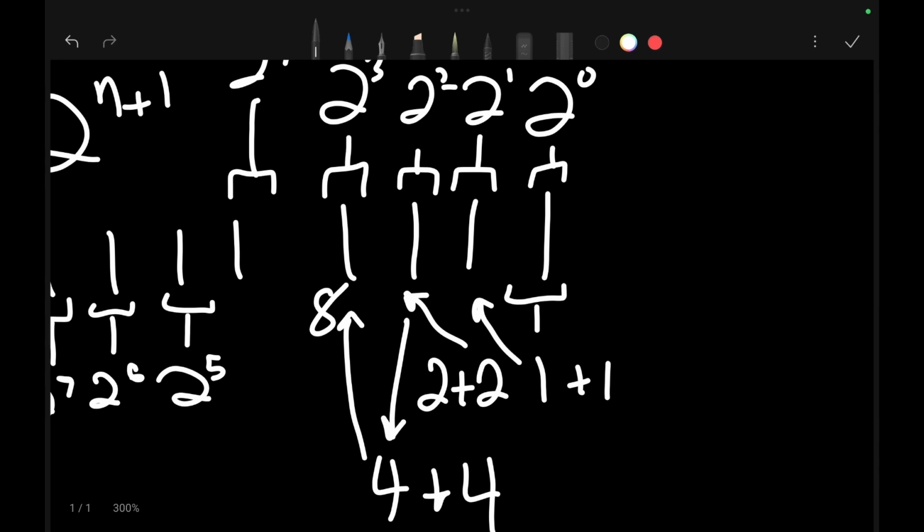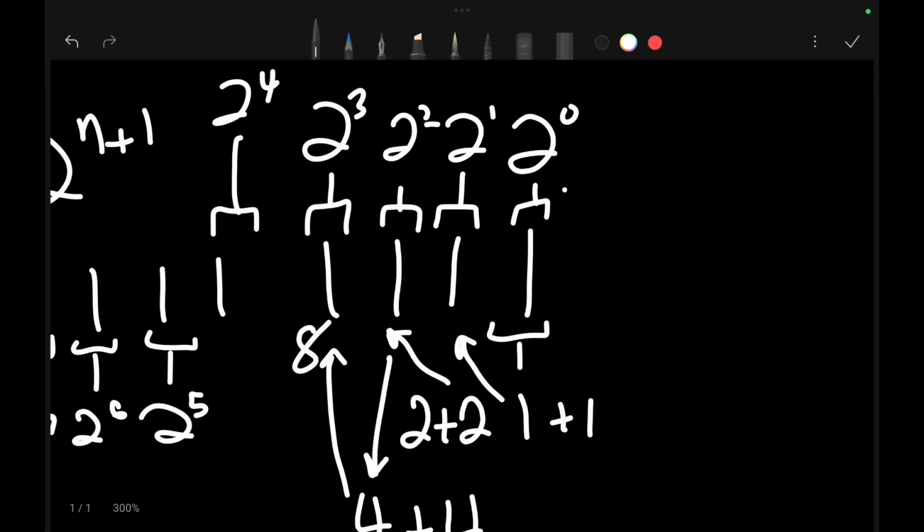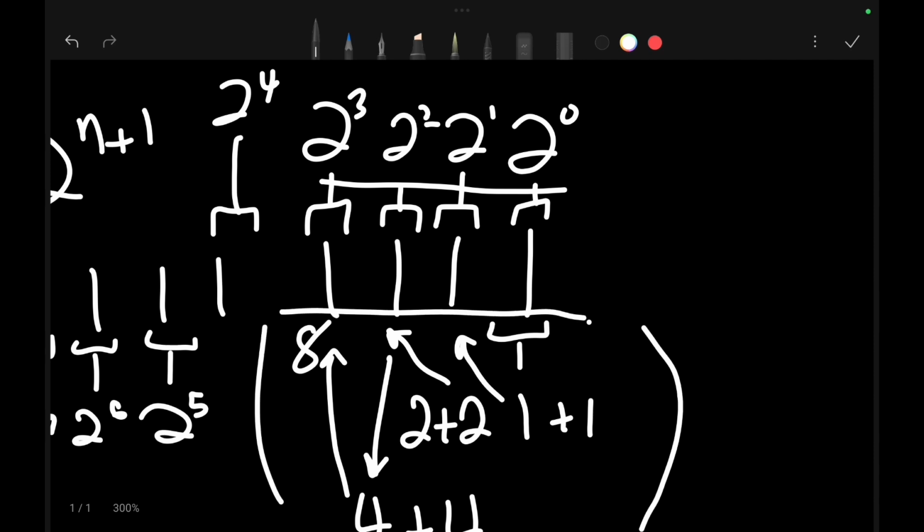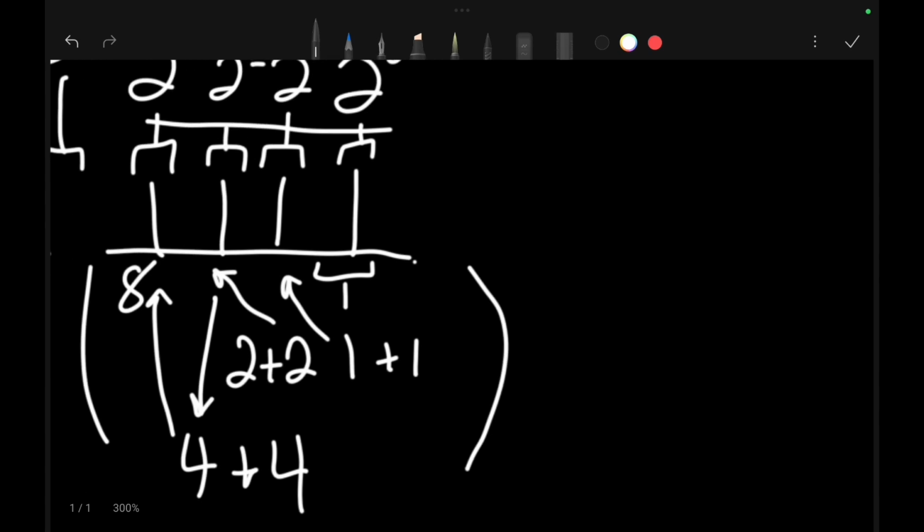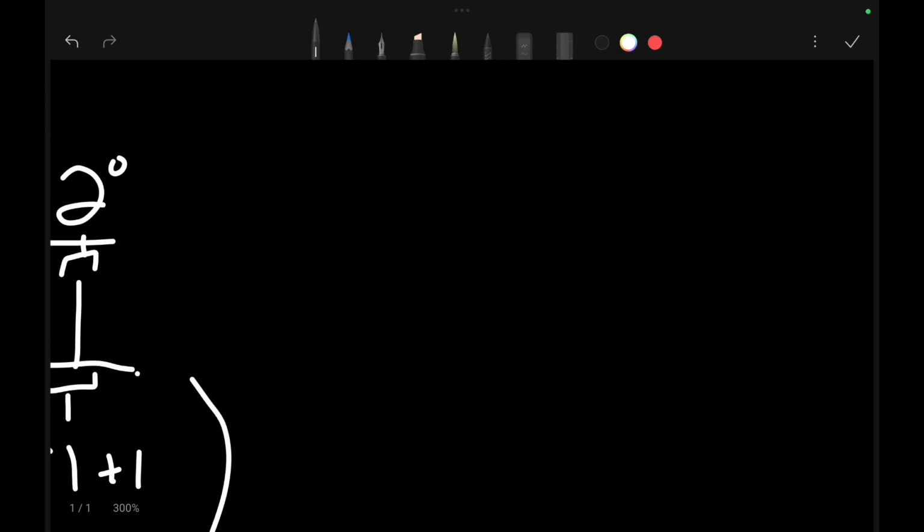So you can use the power method or the addition method. For me, I prefer this one as I can see it more clearly. So let's start converting.